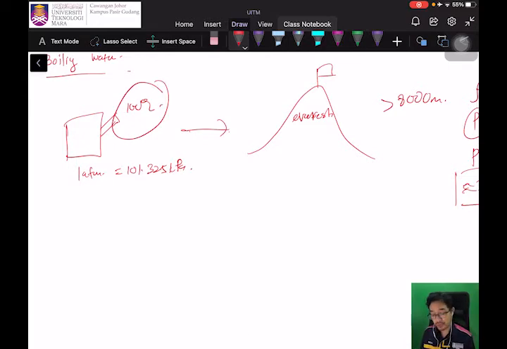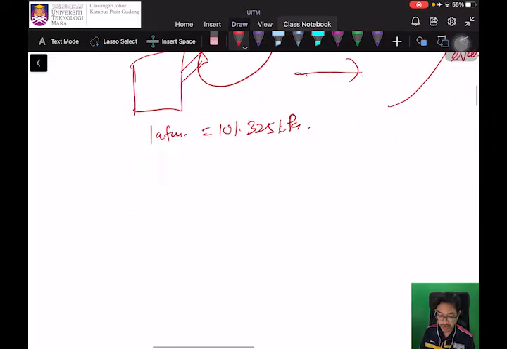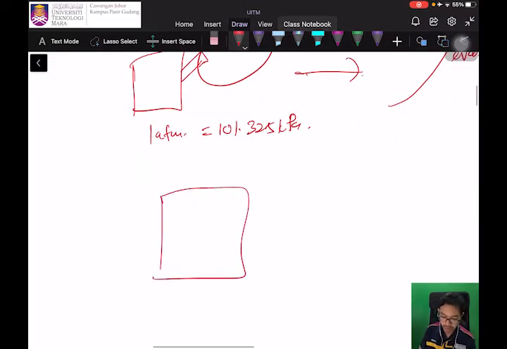So if you have the higher pressure, it means that the collision of the water molecules is high, right? So the energy needed to break the bond is also different. You need extra energy to boil the water, or change the state from one state to another state, right?